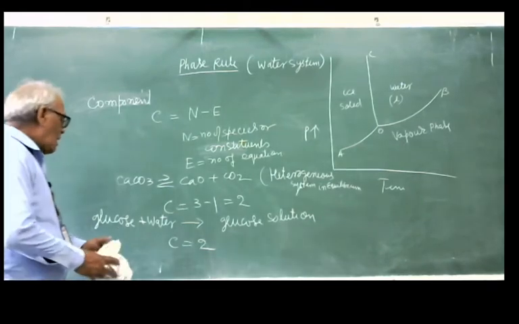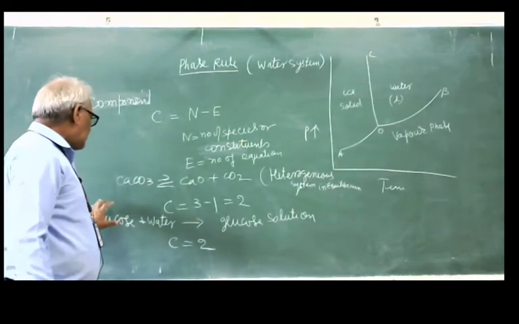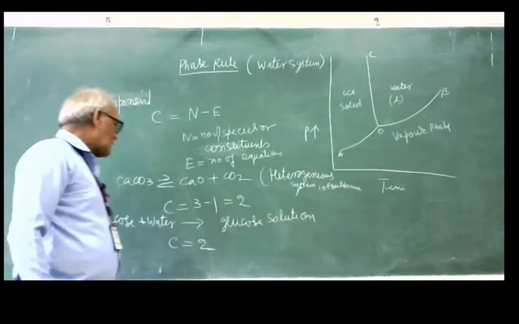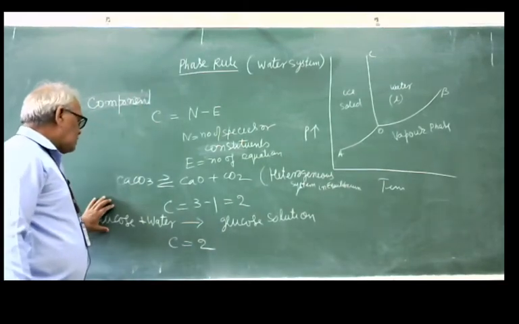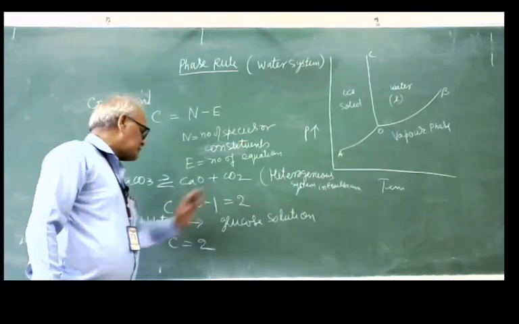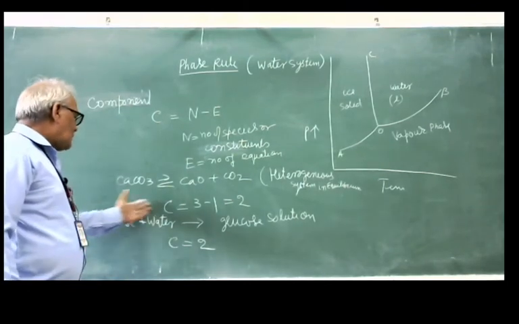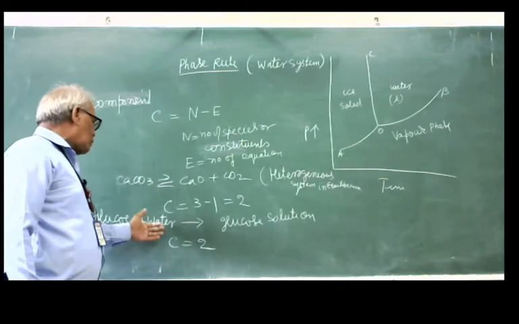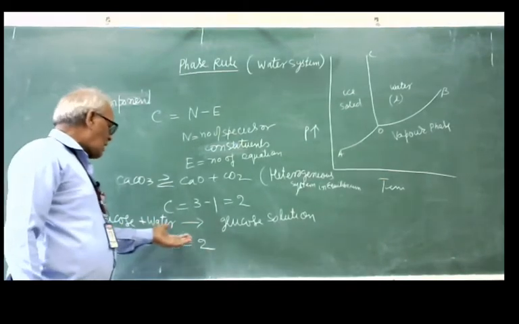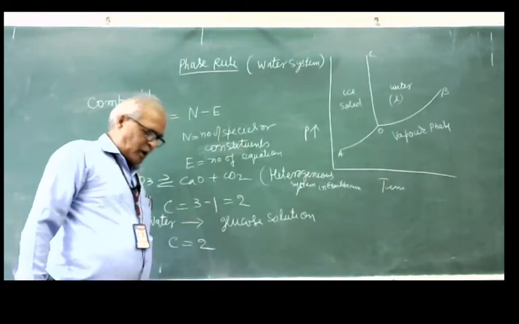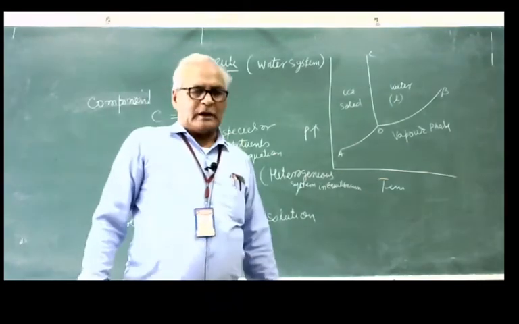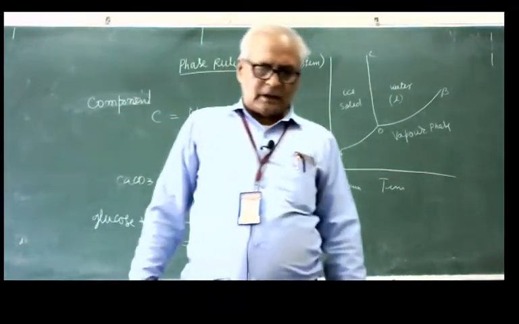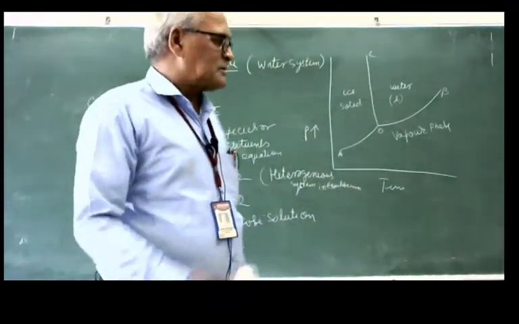Without water, you can't get glucose solution, and without glucose, you can't get it either. The total number of constituents is 2 and the minimum is also 2. In this way you can find out the number of components.